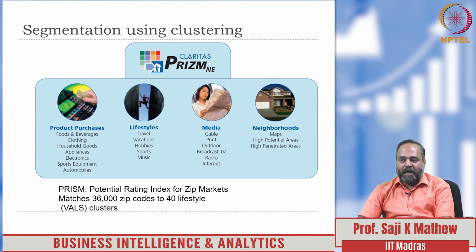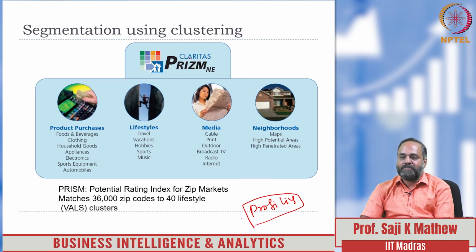So you have to take it to the sponsor and satisfy yourself with the measures of quality, but present it for practical application. So, segmentation using clustering. In such exercises, cluster profiling is a very important exercise. You describe the cluster. If you formed 5 clusters, what are the clusters known for?